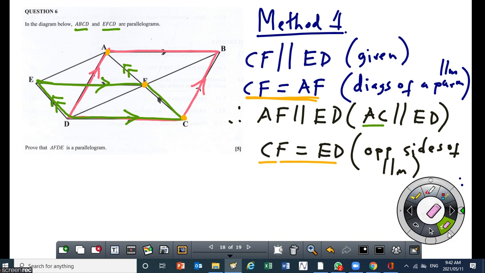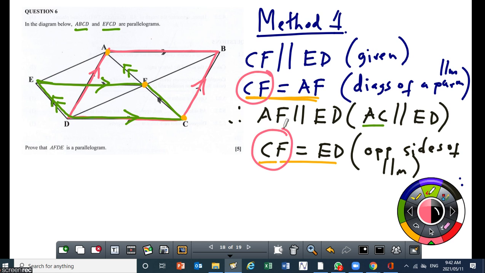Now, you can see that my two statements have the same line CF and CF there. So the left-hand sides of those two statements are equal, therefore their right-hand sides are equal. So I can conclude that therefore AF is equal to ED.